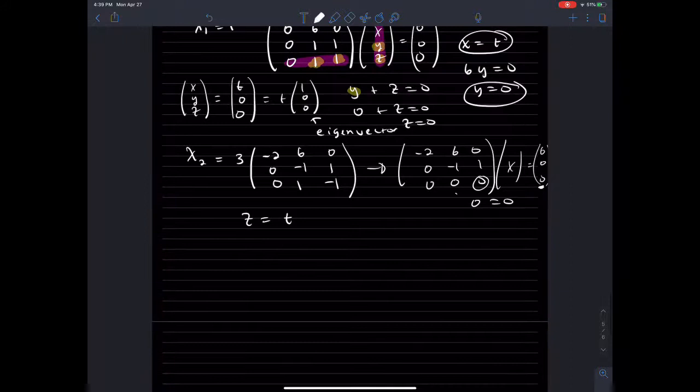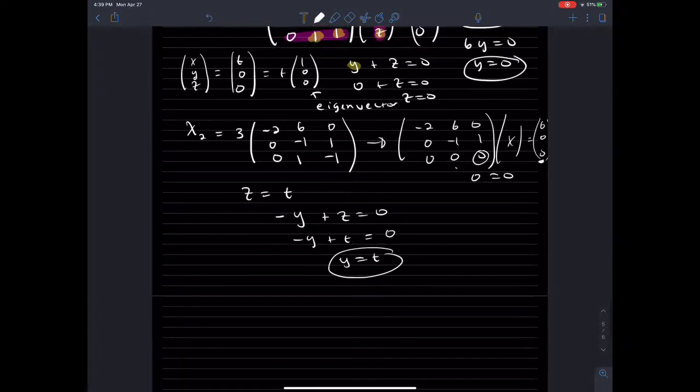And then let's try to get the other variables in terms of t also. My second line is minus y plus z equals 0. So minus y plus t equals 0, so y is equal to t. And now x.